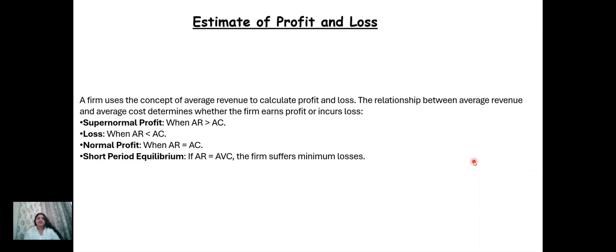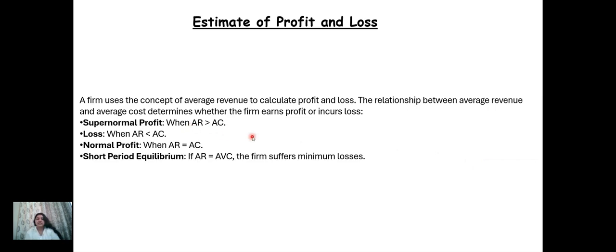A firm uses the concept of revenue to calculate profit and losses. There is a loss when average revenue is lesser than AC, where AC is the average cost and AR is the average revenue.